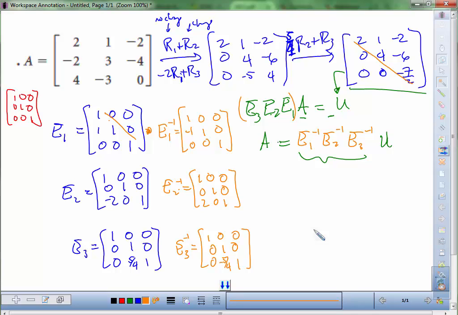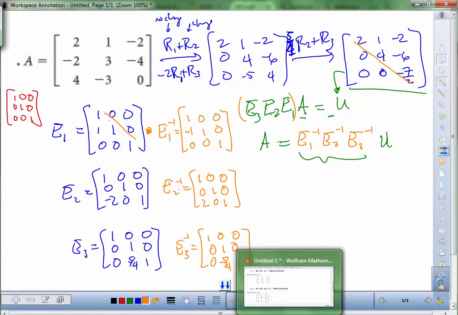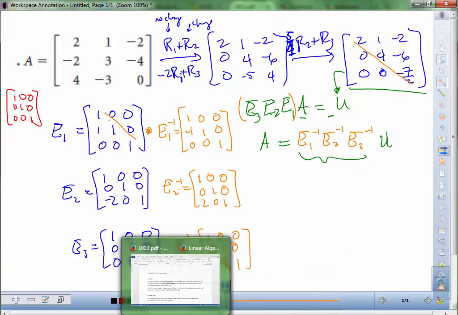Now the last thing we want to show is that when we multiply all these together, we should still get a lower triangular matrix. And we already know that because the product of two lower triangular matrices is lower triangular. So let's actually multiply it out. It might be good to multiply it out by hand.